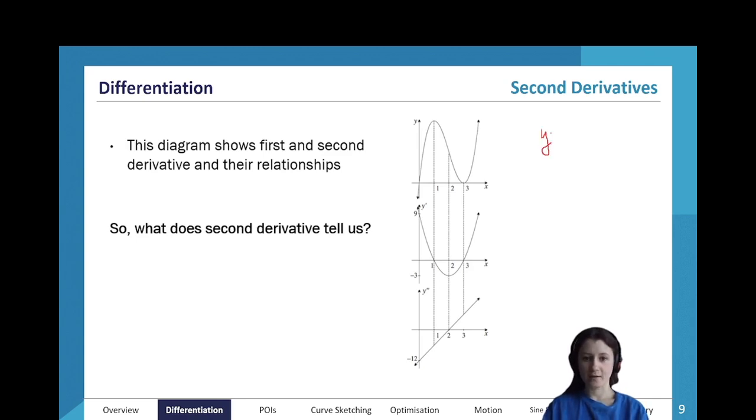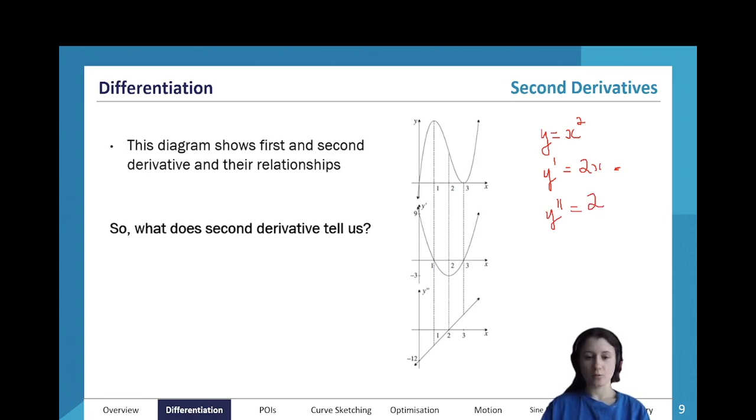if we have y equals x squared, our first derivative, we'll just find the derivative here, so we'd have 2x. For our second derivative, we would find the derivative again. So we'd find the derivative of this function here, which would give us 2. Alright?